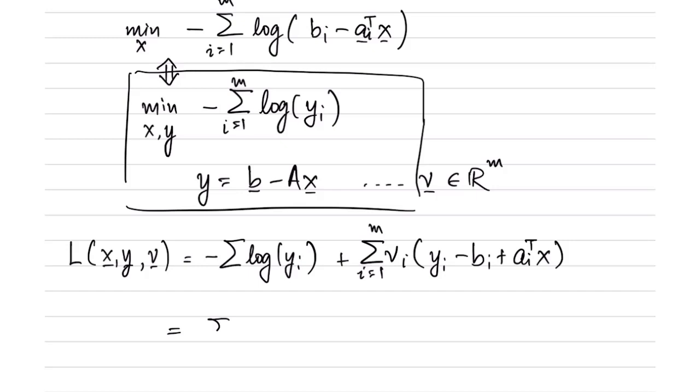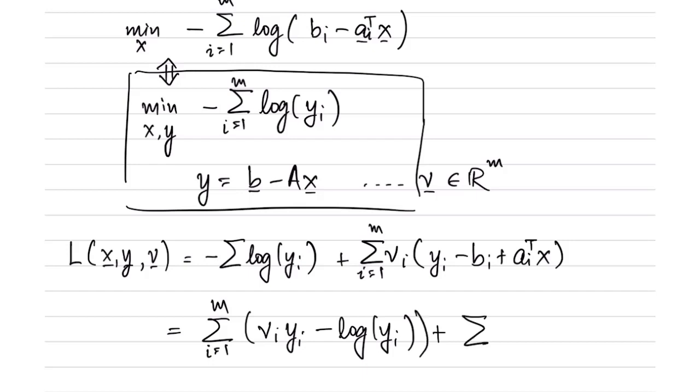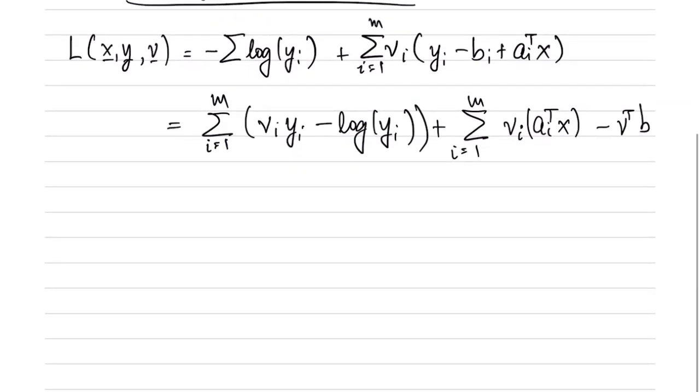We can write the summation of i equal to 1 to m of nu i yi minus log of yi, plus the summation of nu i times ai transpose x, minus nu transpose b. I've just collected the summation of nu i bi as nu transpose b. So now there are three terms.